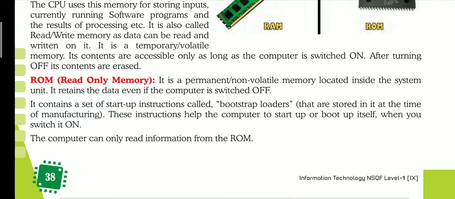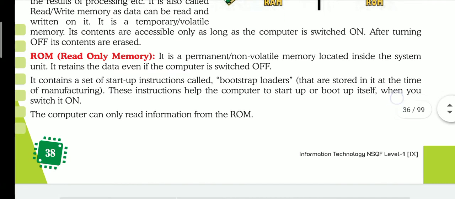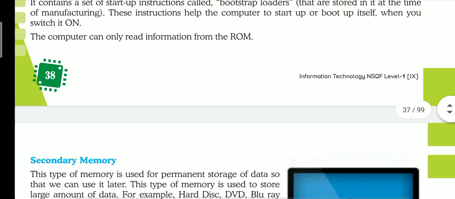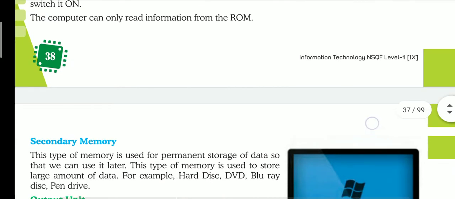These instructions help the computer to start up or boot up itself when you switch it on. Meaning to say, ROM stores the booting process of the computer system. The computer can only read information from the ROM memory.